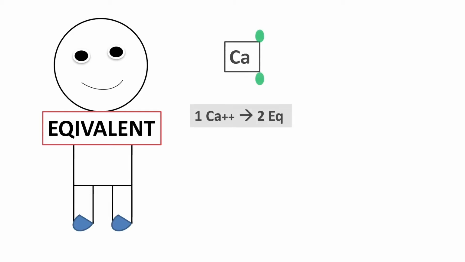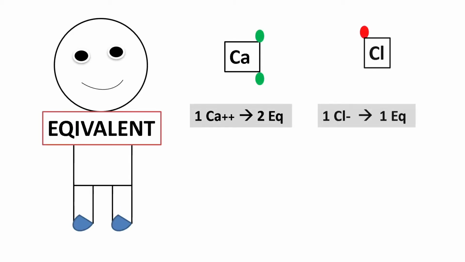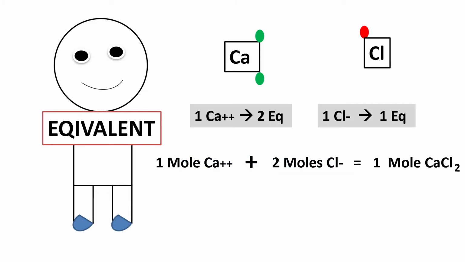Here you will be able to see the equation of calcium chloride in moles and in equivalents. 1 mole of calcium reacts with 2 moles of chloride ions to form 1 mole of calcium chloride, whereas 2 equivalents of calcium will react with 2 equivalents of chloride ions to form 1 equivalent of calcium chloride.